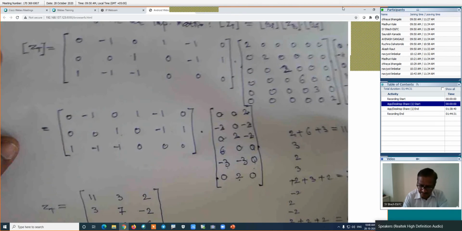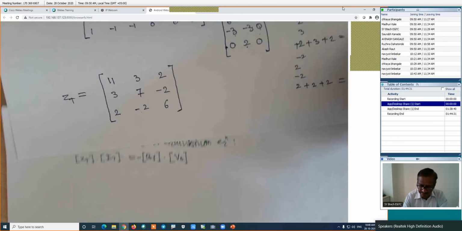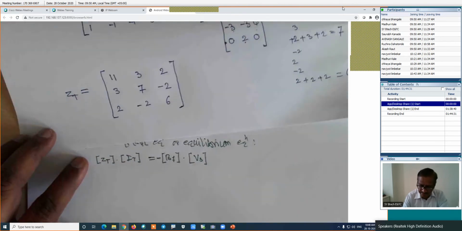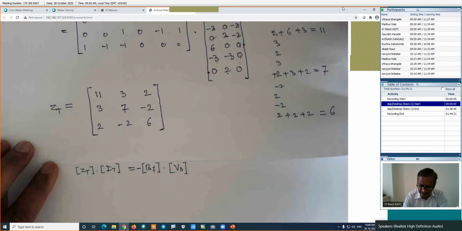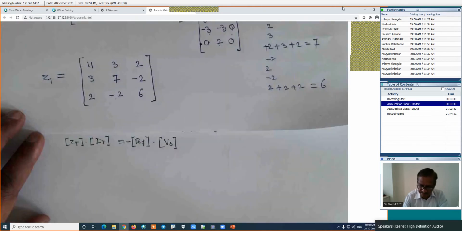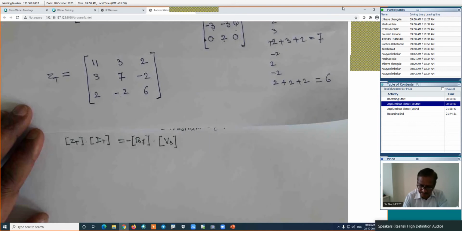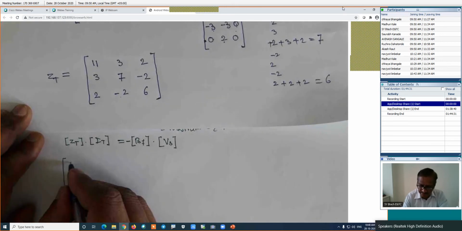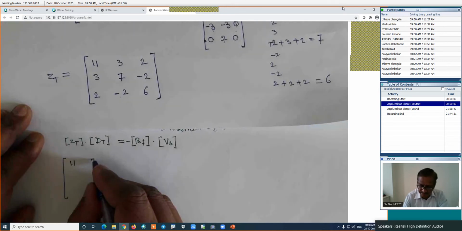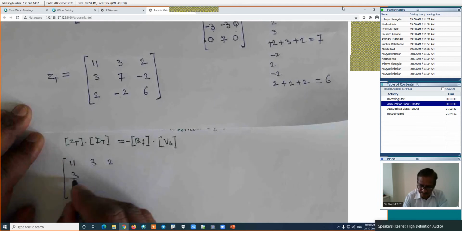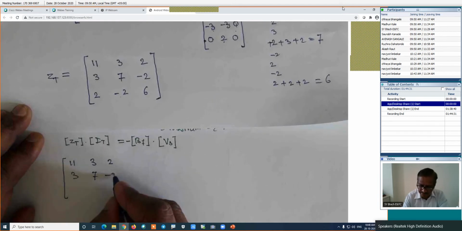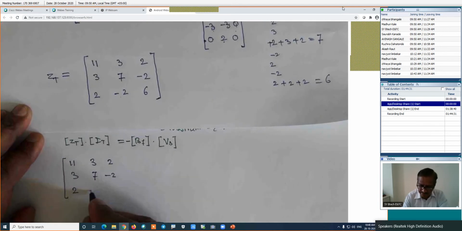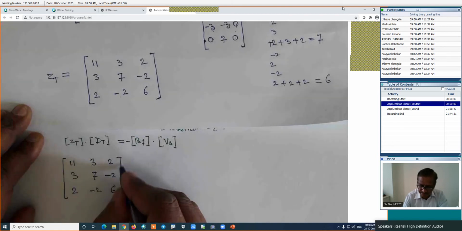I will copy the ZT here. Is it right? Now this ZT is nothing but 11, 3, 2, 3, 7, -2, 2, -2, 6.